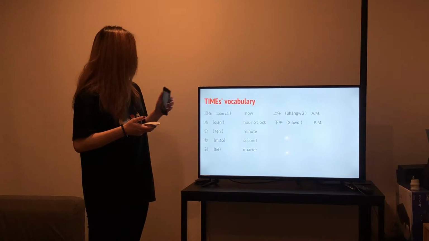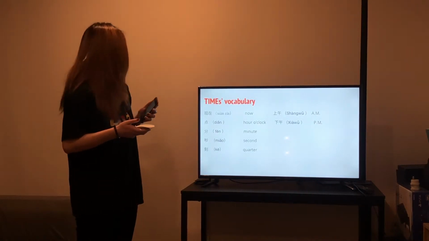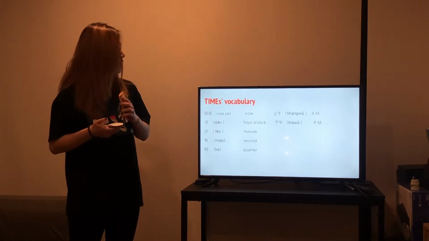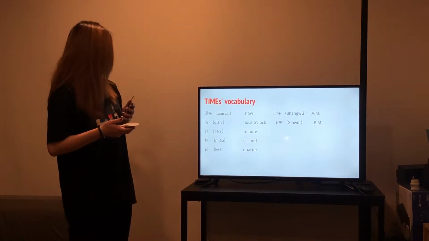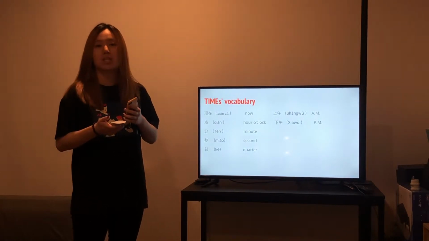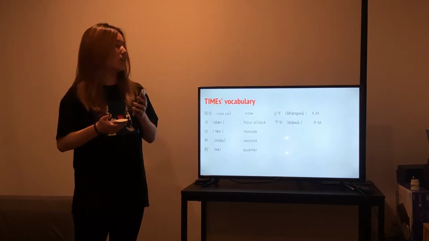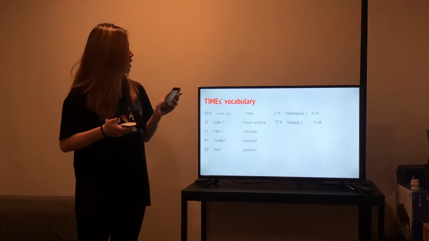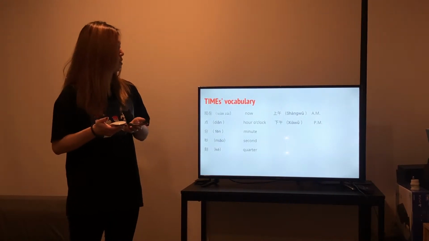First of all, 现在 means now, and second is 点, which means hour, as in o'clock. Then 分 is minute, 秒 is second, and 刻 means quarter, and we will explain the detail about this vocabulary. And others are 上午, which is AM, and 下午, which is PM.